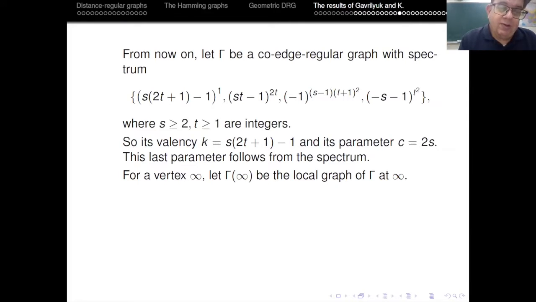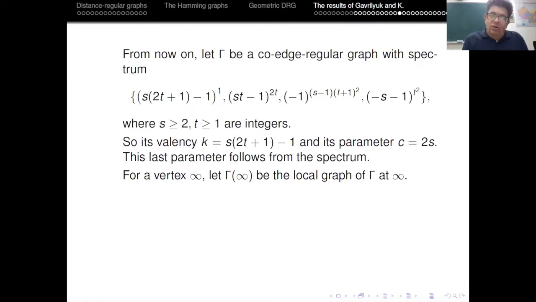So you can see that the valency is s times 2t+1 minus 1. I write it as k, and its parameter as a co-S regular graph, c, is 2s. And this is not so difficult to see. You calculate from A to the power 3, you look at the xs coordinate, and you know the number of edges in the local graph.